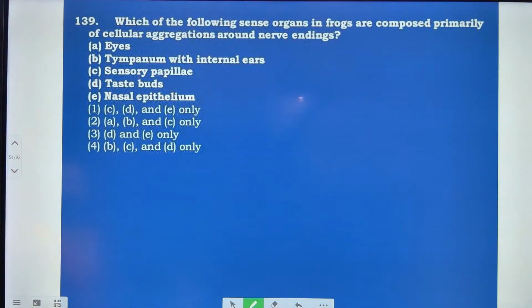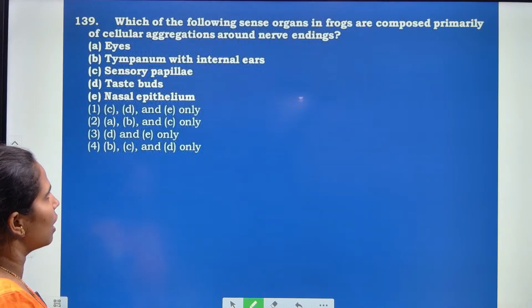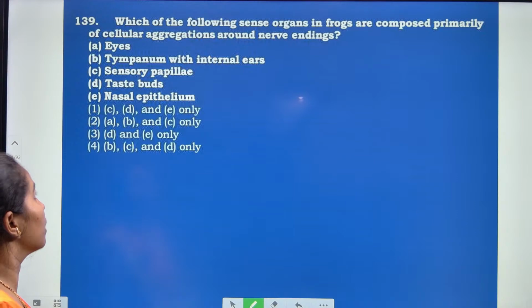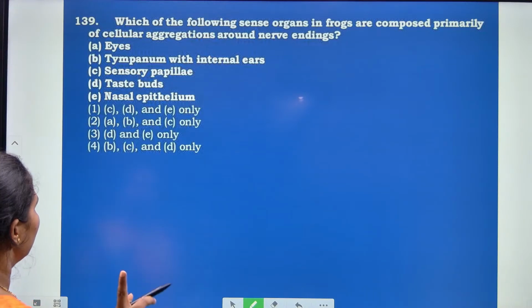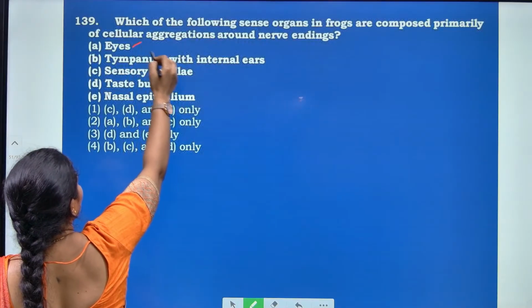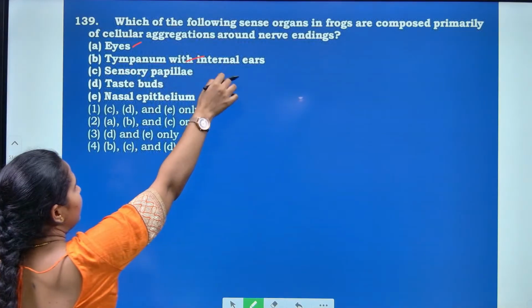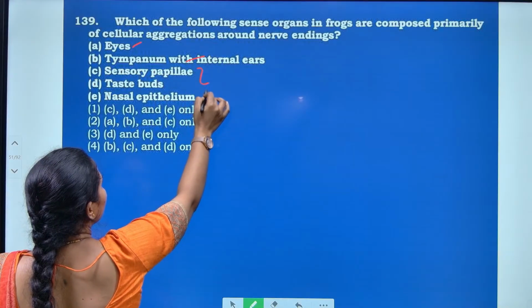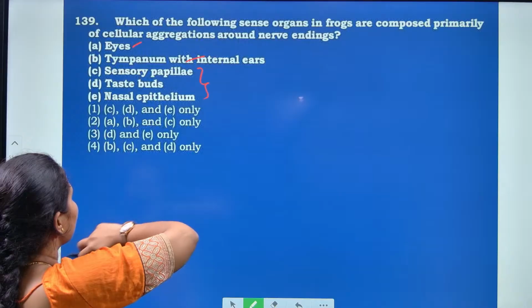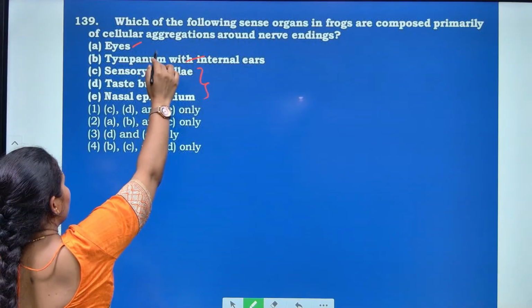Which of the following sense organs in frogs are composed primarily of cellular aggregation around the nerve endings? Except the eyes, tympanum and internal ears, these are special organs.